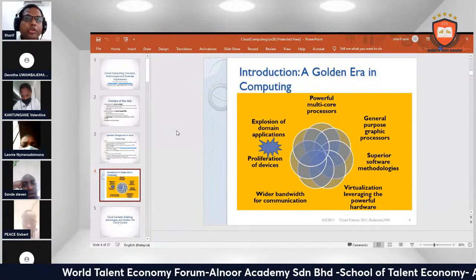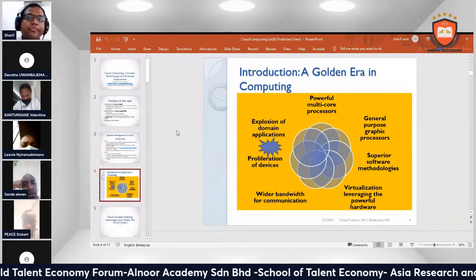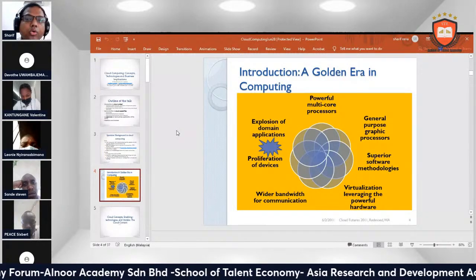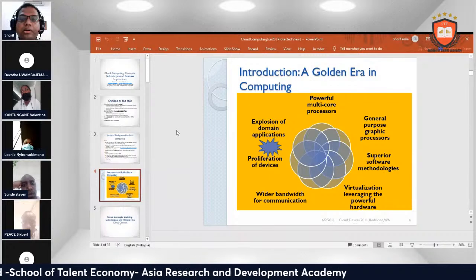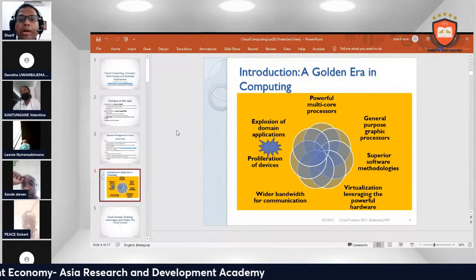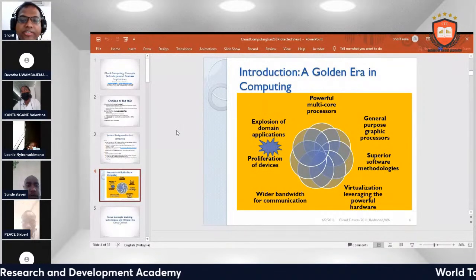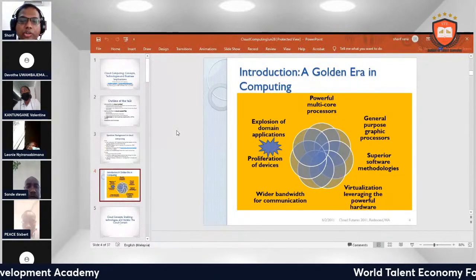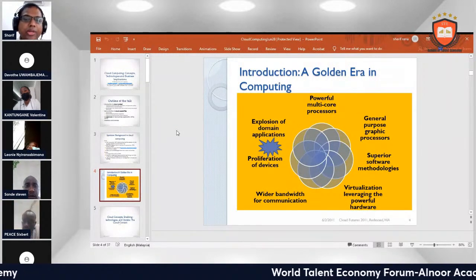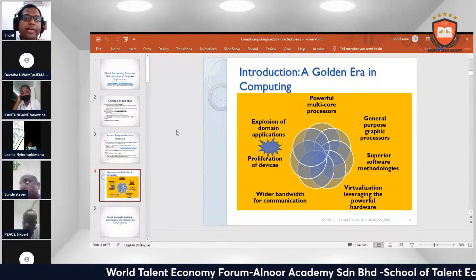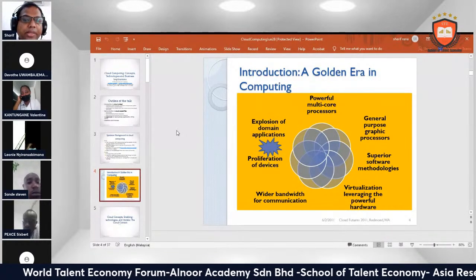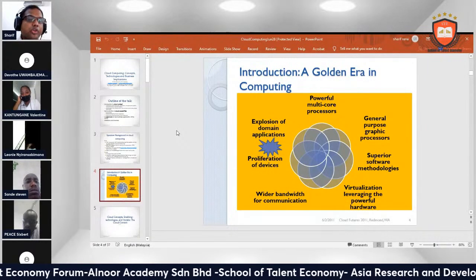For this cloud computing introduction: a golden era in computing, powerful multi-core processors, general purpose graphic processors, super software methodologies, virtualization to leverage the powerful hardware, wider bandwidth for communications, exploitation of domain applications, proliferation of devices.